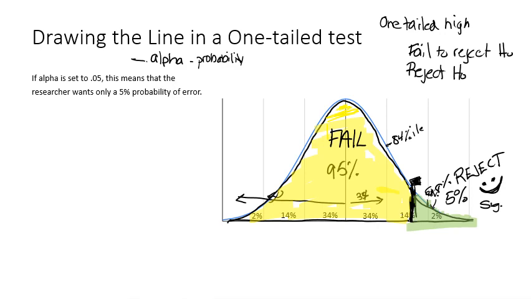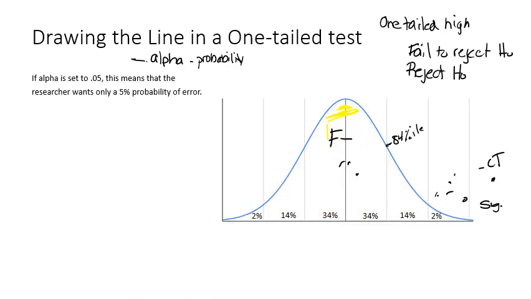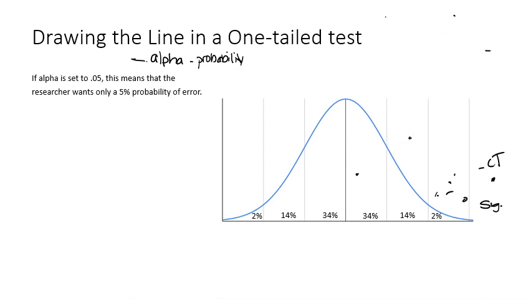So let's look at the same thing, except let's look at a one-tailed low test. So let's erase everything that we just took our time to draw, and let's look at what this would look like in a one-tailed low test. So let's imagine now that the researcher is looking for a score in the low region if the medicine is effective.